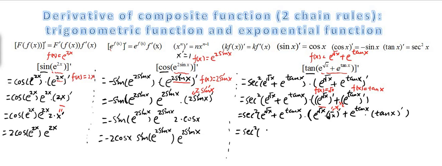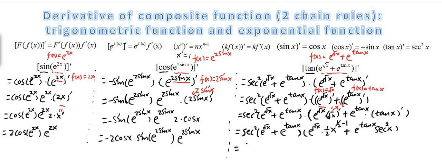Secant squared of e to the power square root of x plus e to the power tangent x, and here e to the power square root of x, and the derivative of x to the power 1/2. We're gonna apply the power rule. And again, for the second term, the derivative of tangent x is gonna be secant x squared.